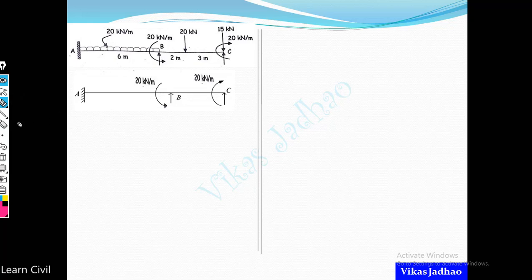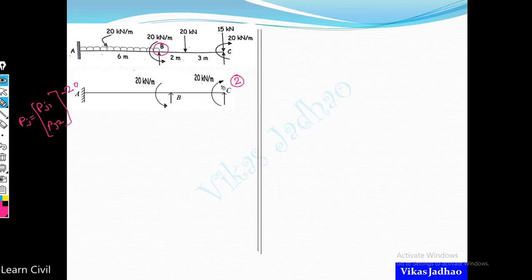For calculating the PJ matrix, we have PJ matrix is equal to PJ1 and PJ2. These two coordinates are there for this particular matrix. Now here PJ1 is the external moment which is acting at this joint B. So this PJ1 will be equal to minus 20 because it is an anticlockwise moment, whereas PJ2 is the external moment which is acting on the beam at joint C or at coordinate number 2.